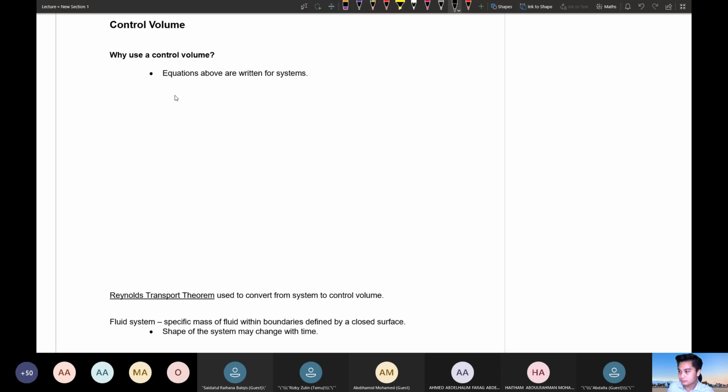By using the control volume, for example, when we focus on the system alone, we can look at how a beam deflects under load.